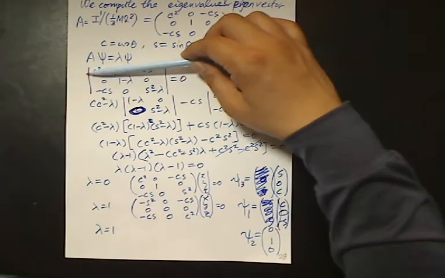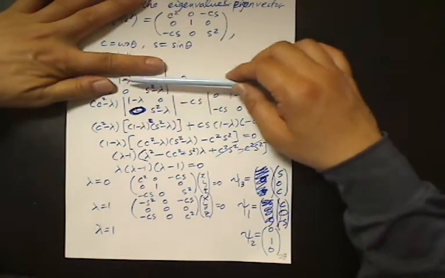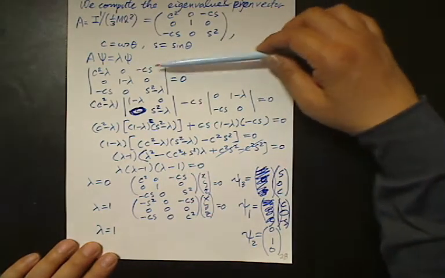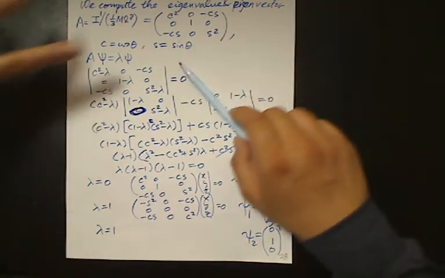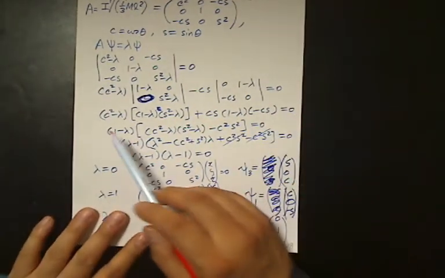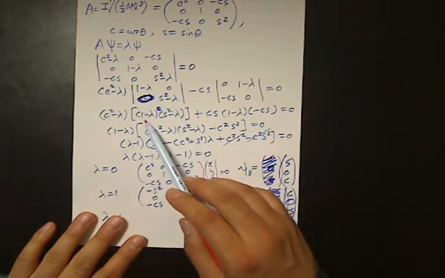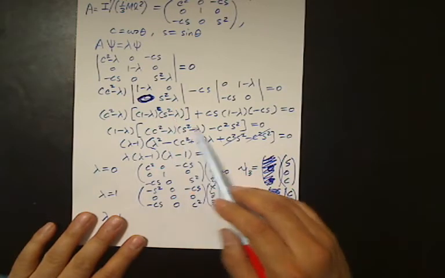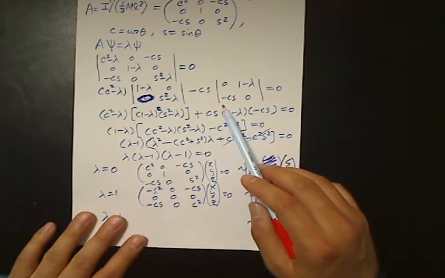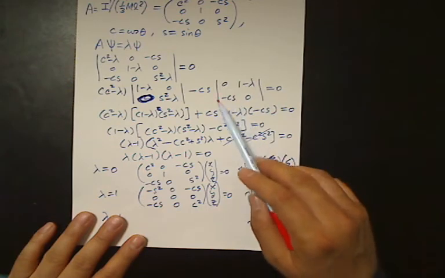The determinant can be computed in this way: this vector, and for the remaining pieces we have a 2 by 2 matrix. The second one vanishes, the third one minus CS appears, and the 2 by 2 matrix appears in here. This determinant is 1 minus lambda, sine squared minus lambda, minus CS, and this is 0, minus 1 minus lambda, and minus cosine sine.